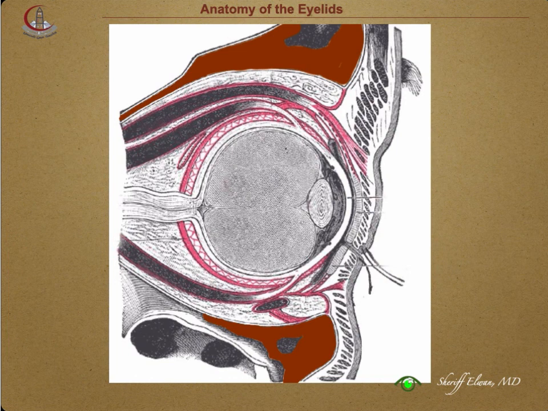This is the bone, and this light green color is the tarsi, and this dark green color is the septum, upper and lower septum.